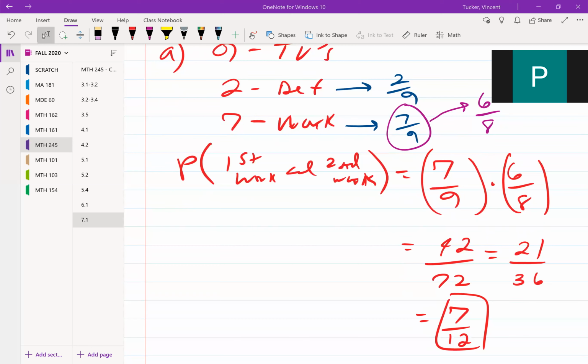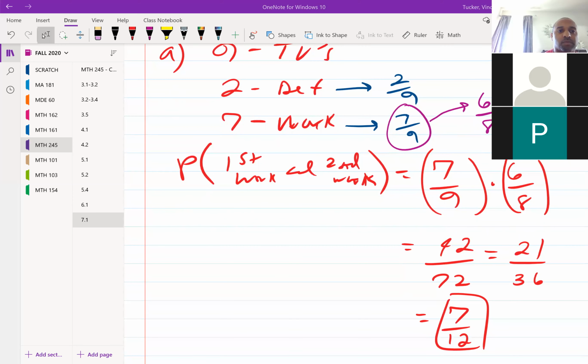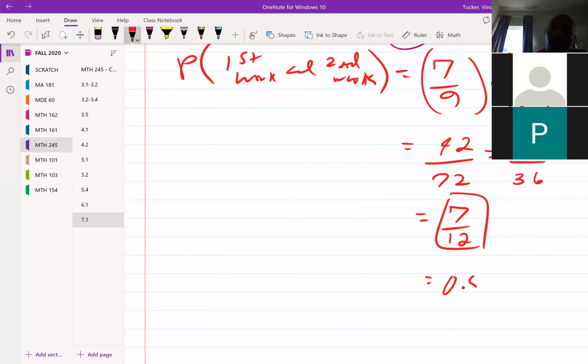So let's see what the decimal is for that. And that would be 0.583.